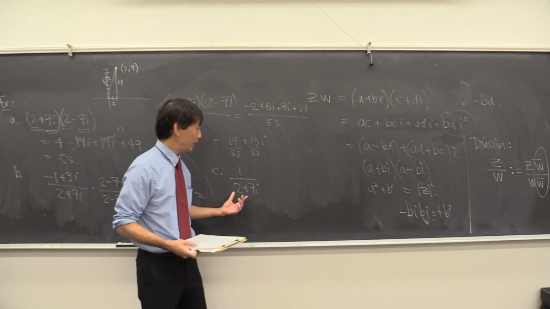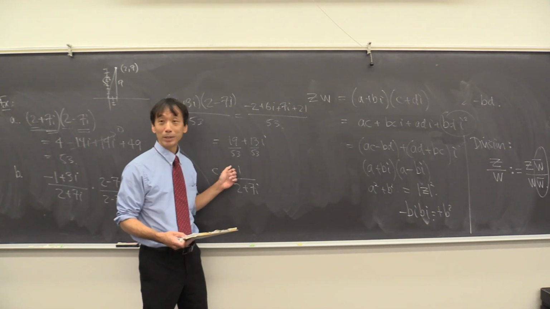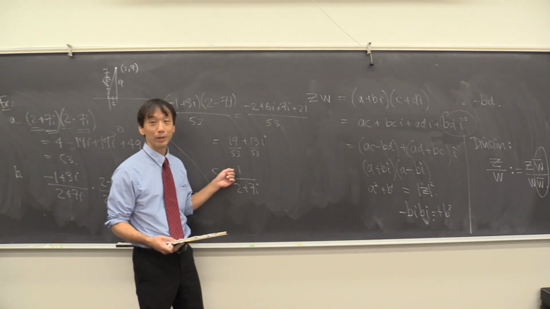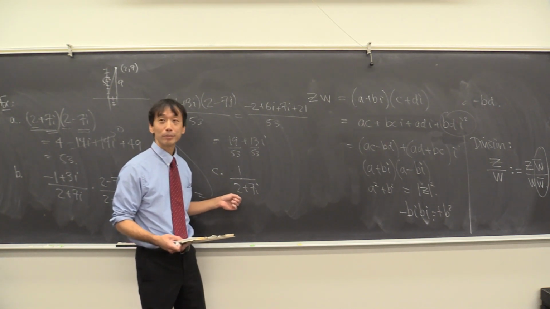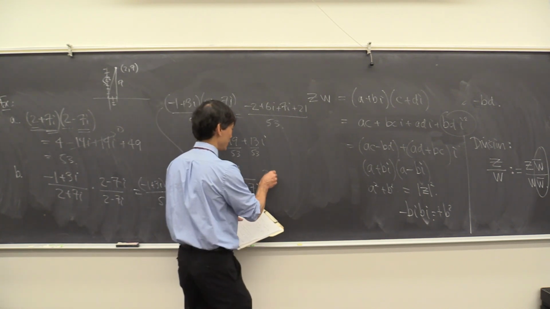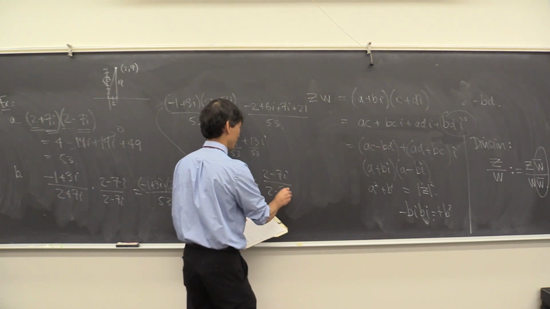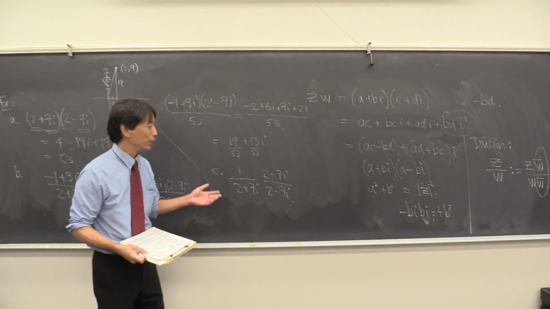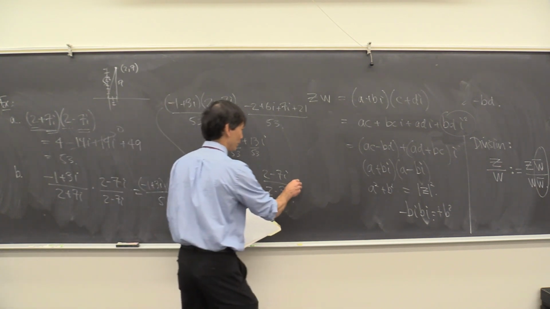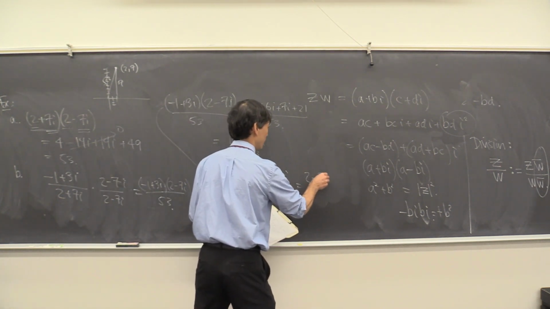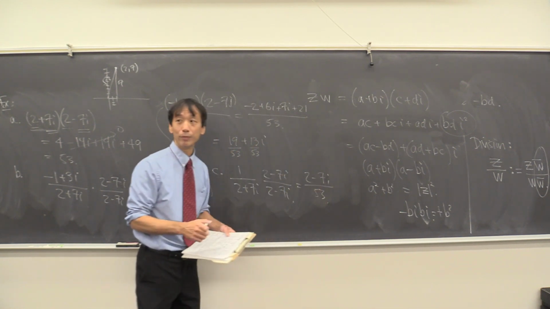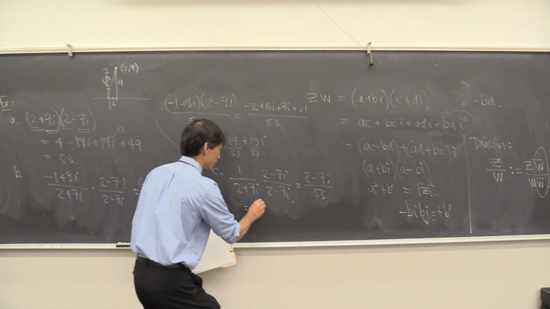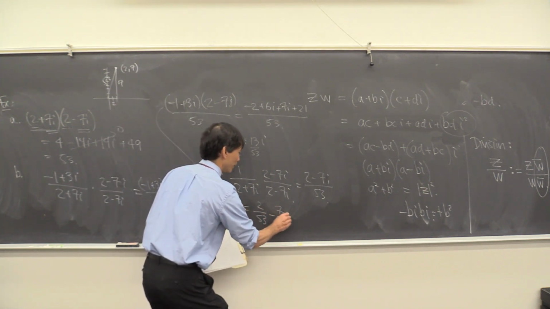Okay, somebody tell me what I need to do. I've got a complex number over a complex number. I'm dividing something by a complex number, so what do I do? Right, multiply by the conjugate, this funny looking one. I'm going to get 2 minus 7i on the top, and the 53 that we had before on the bottom. So this ends up being 2 over 53 minus 7 over 53i.